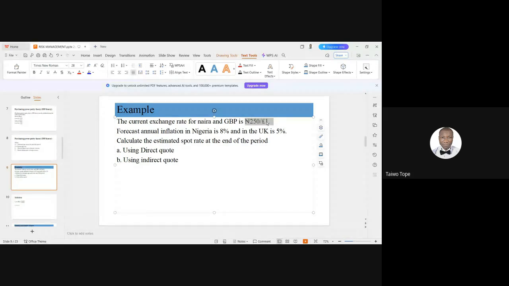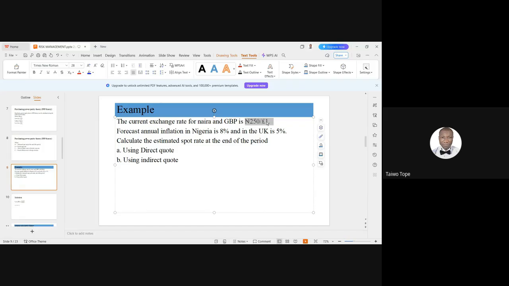Now, for you to get £1, you need 250 naira. If you are in the UK, how much pounds do you need to get 250 naira? 0.004. So that is the reciprocal, the spot rate as at this time in terms of indirect quotes.